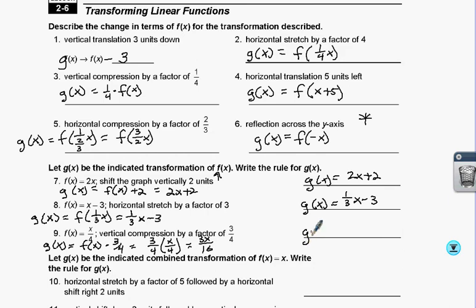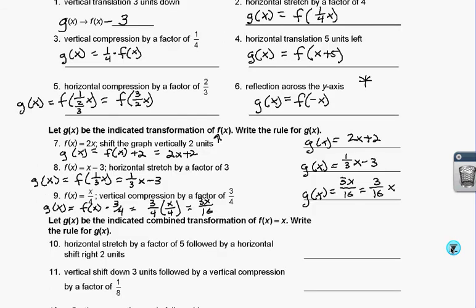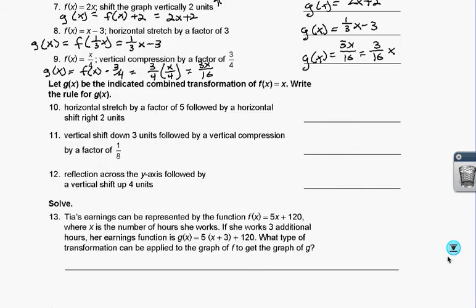So g of x is equal to 3x over 16, or you could say it's 3/16 times x. Alright. So continuing on.